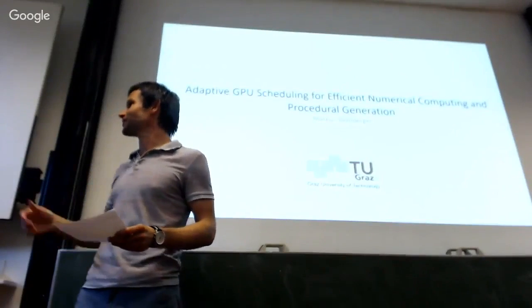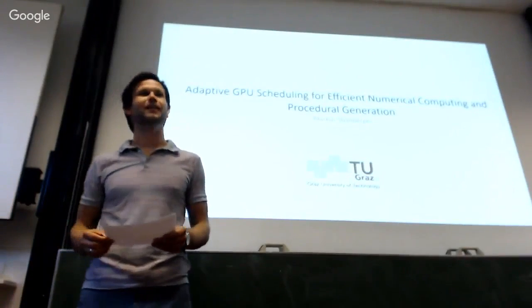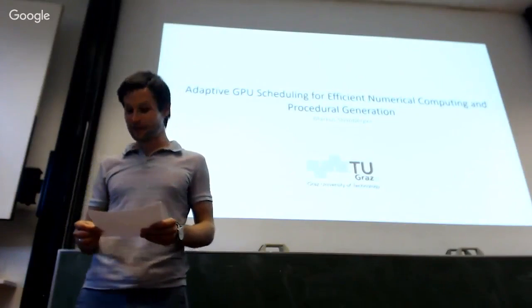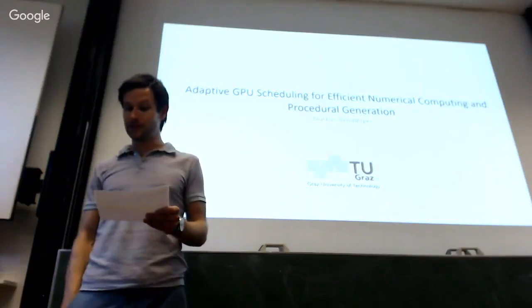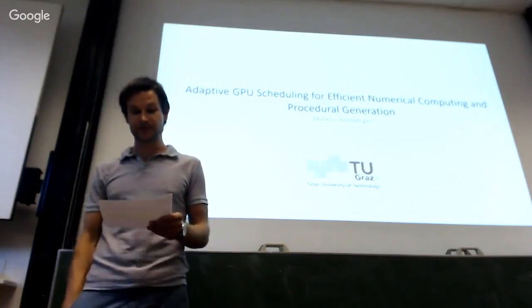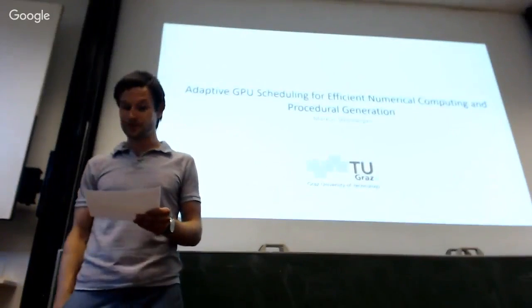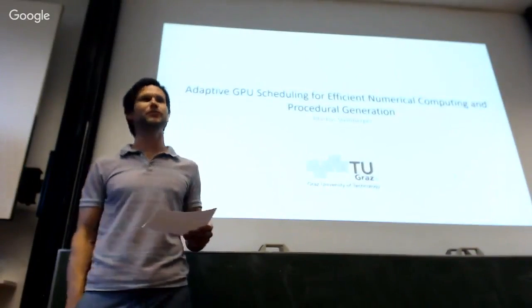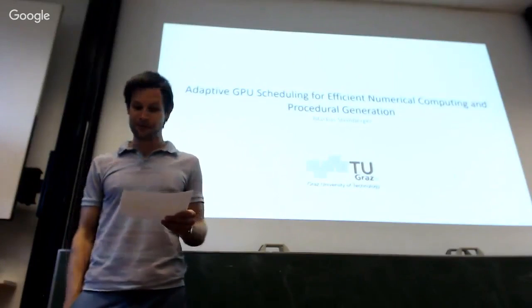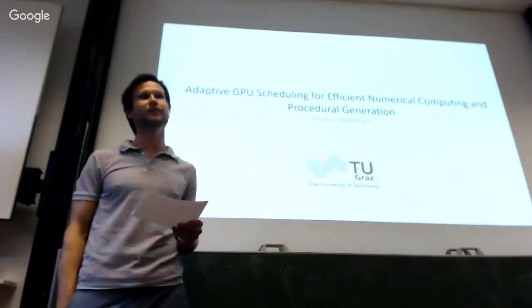It's a pleasure to introduce Markus Steinberger. Markus is assistant professor at Graz University of Technology at the moment. He's leading the group which is doing GPU scheduling and visualization. He has an MSc and PhD from Graz University of Technology, and after a short postdoc phase at TU Graz, he moved as a junior group leader to Max Planck Center for Visual Computing and Communication in Saarbrücken.